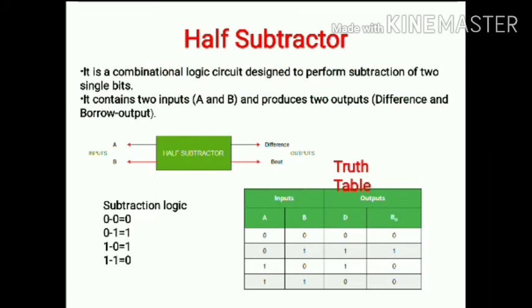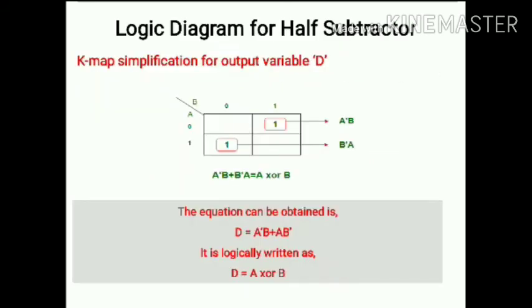The second and third difference is 1, so put 1 for A bar B and A B bar. The equation for the output variable D is equal to A bar B plus A B bar. It can be logically written as A exclusive OR B.